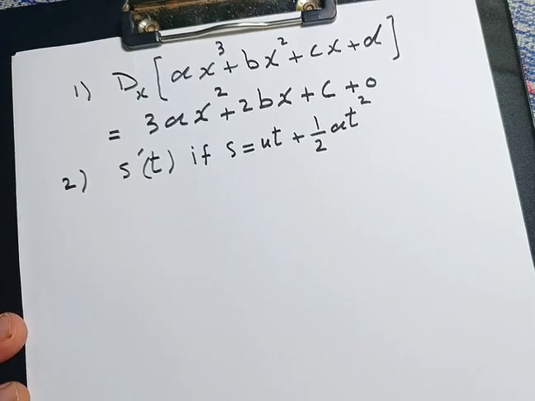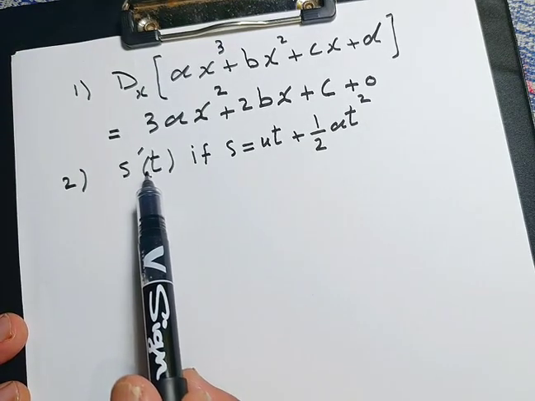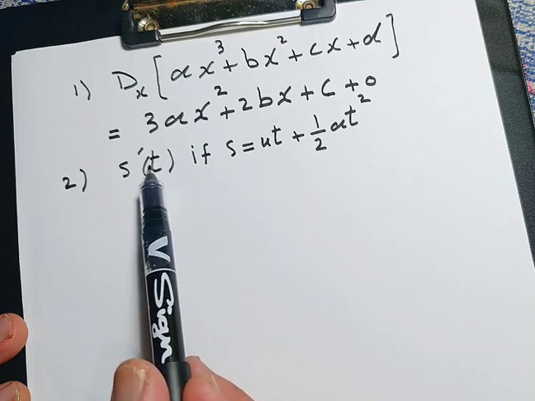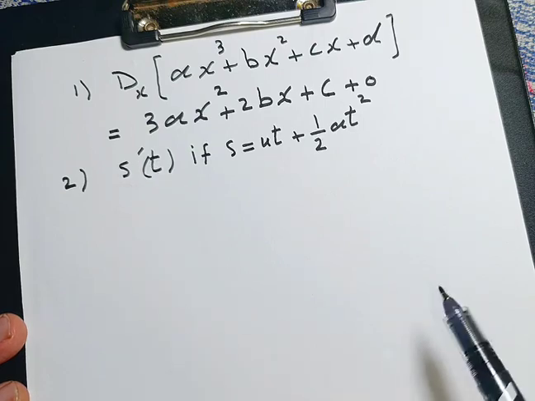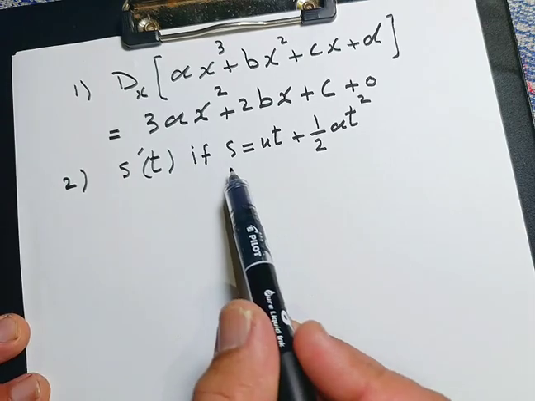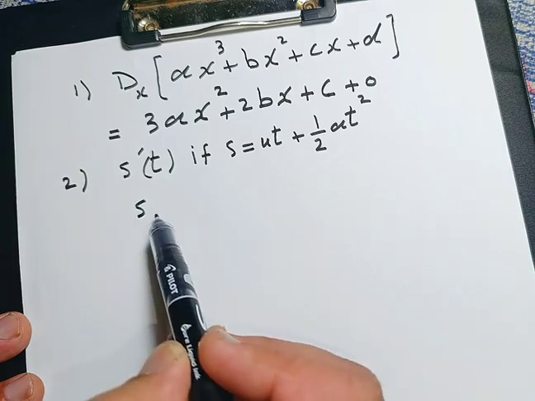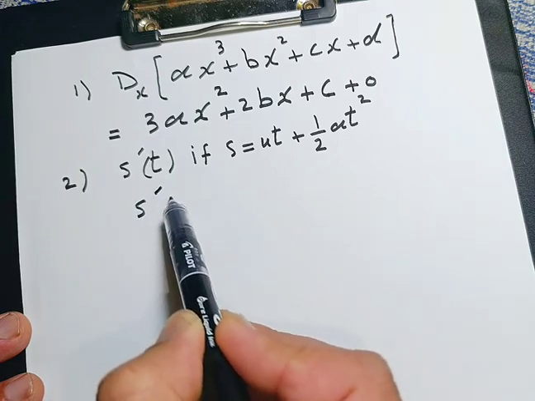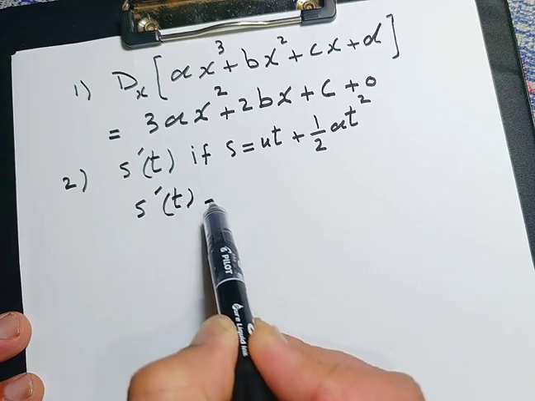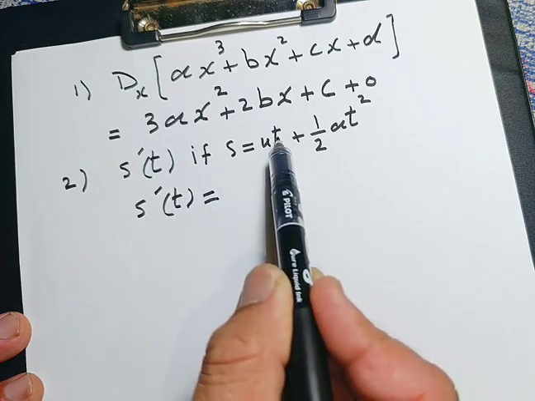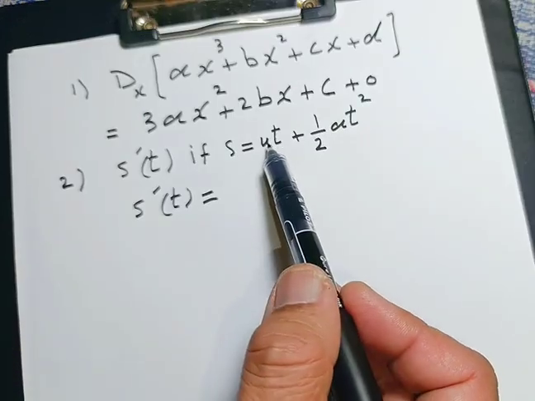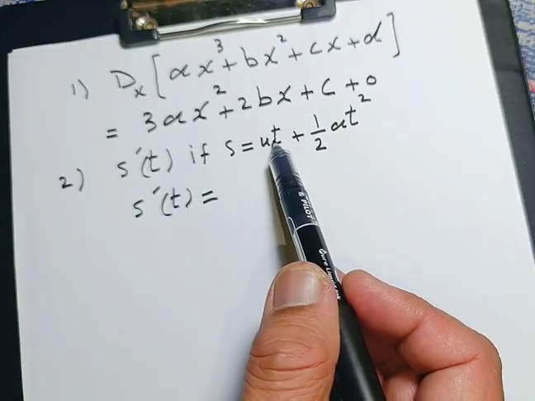Now, always look at the variable, whatever is inside the bracket. So we're going to say s, we're going to differentiate with respect to t is equal to. When I apply the derivative with respect to t, this is 1.